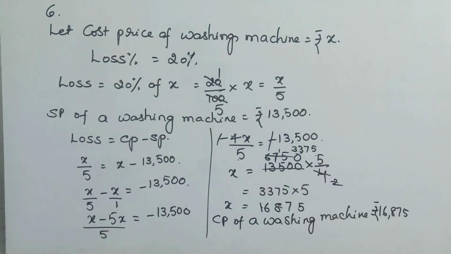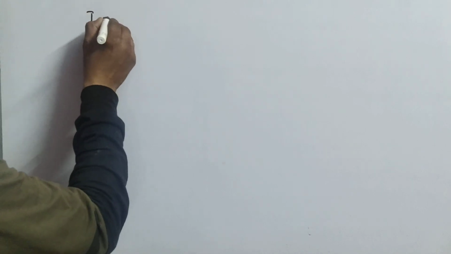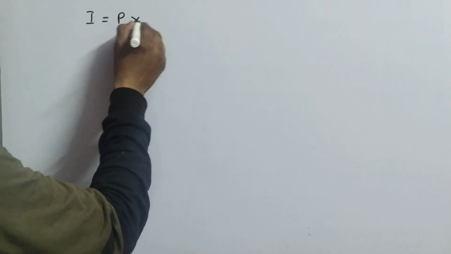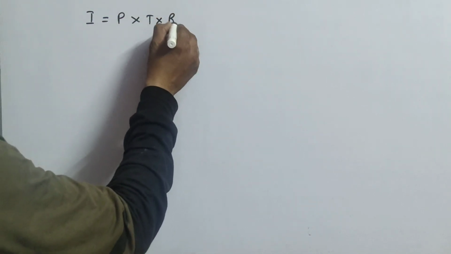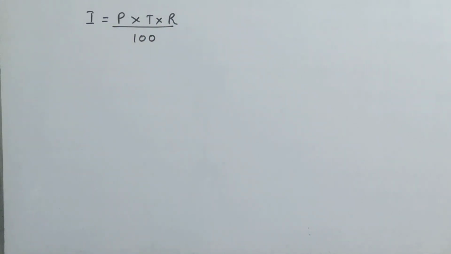We'll go for the next model sums. As I told you in yesterday's class regarding simple interest, we have a direct formula to find interest: I equals P into T into R by 100. This is the direct formula to find I, that is interest.